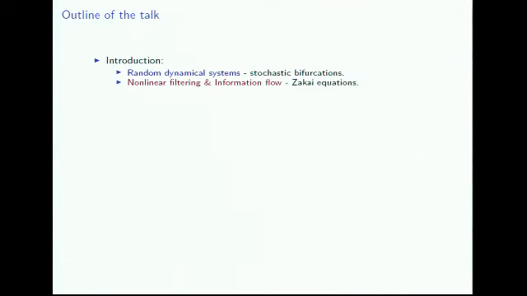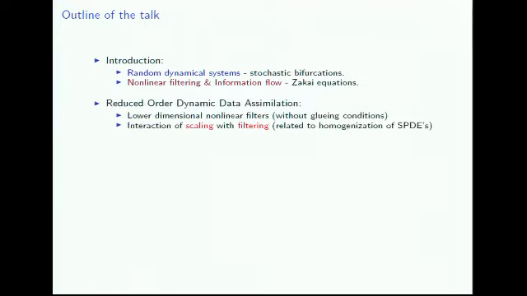Since I saw so many presentations on tipping points, I would like to begin with something on random dynamical systems, which has been an area of my research for almost 10-15 years. Then I will get into lower dimensional filters. I will do filters without tipping, therefore there's no gluing in my homogenization.